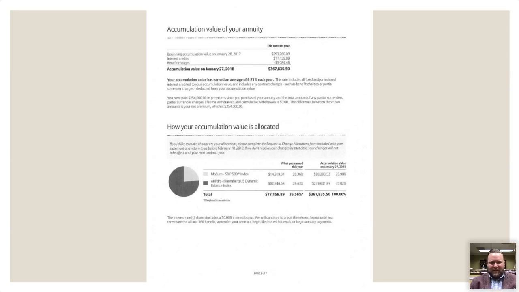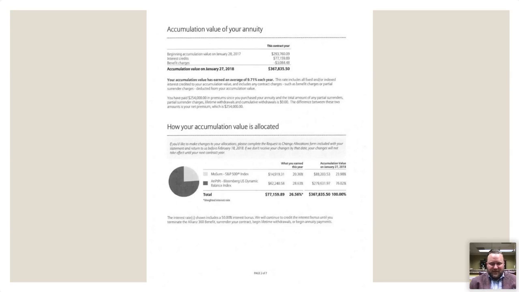So like lifetime income is one. Some of them have living benefits that pay for long-term care or assisted living. They're called living benefits. And a few of them have death benefits as well. But in general, we would only use these benefits or have you pay a charge for one if you're going to actually use the lifetime income.